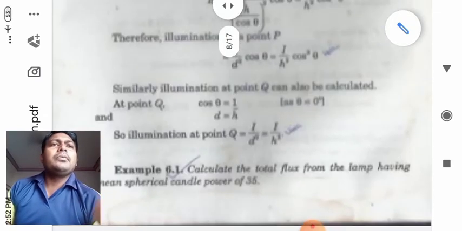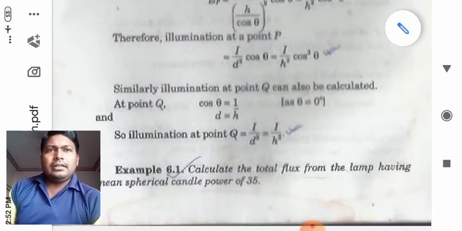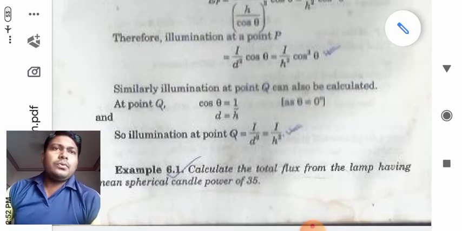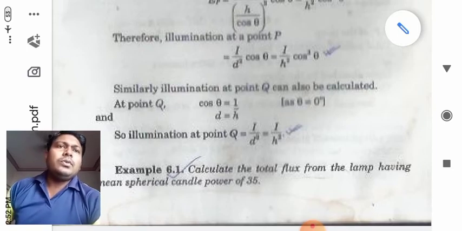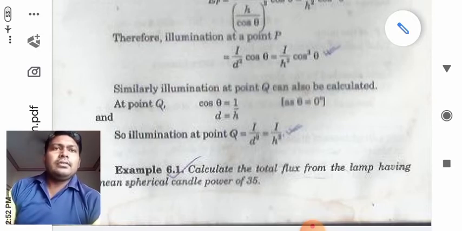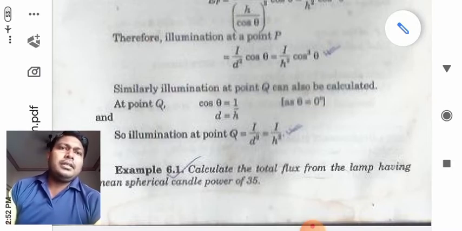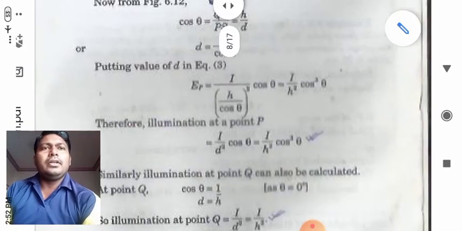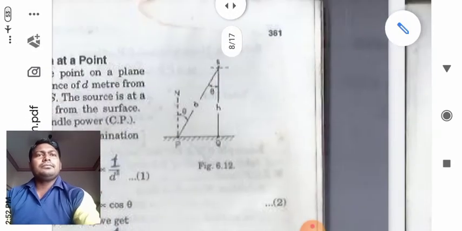Similarly, illumination at point Q can also be calculated. At point Q, cos theta is equal to 1 and d is equal to h. So illumination at point Q is equal to I divided by d square, which is equal to I divided by h square. So what is that point Q? Let us check it out.